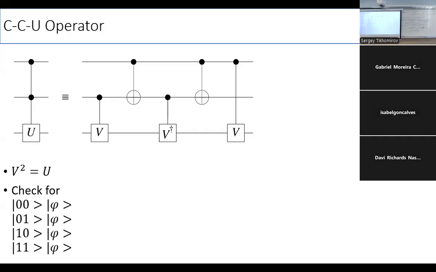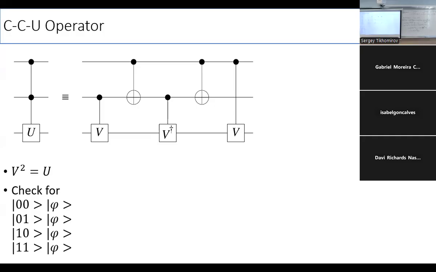And in the case of 1, 1, we apply V 2 times. So this was my goal. And another thing we can look at is 0, 0, where nothing is ever executed.